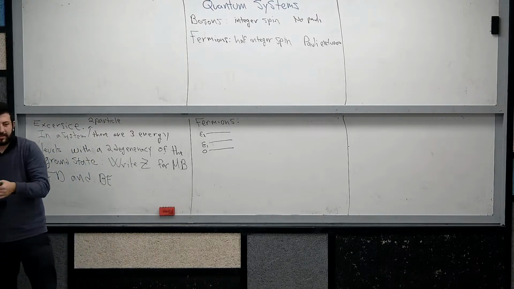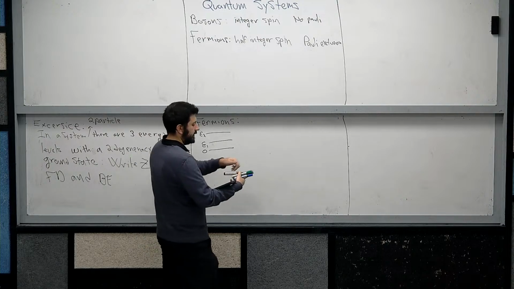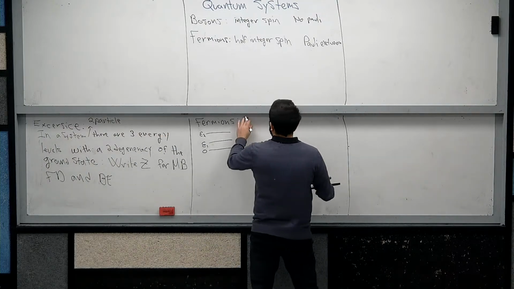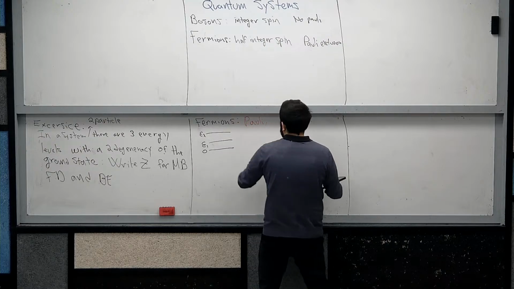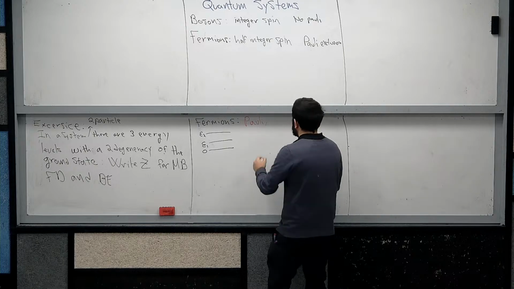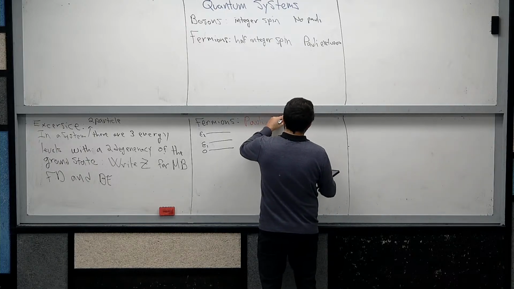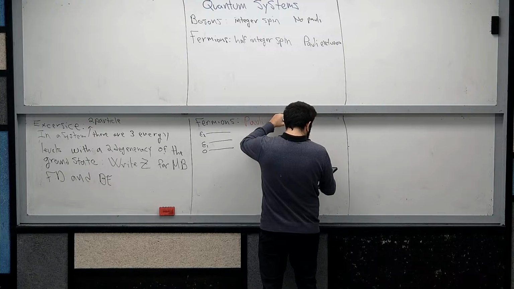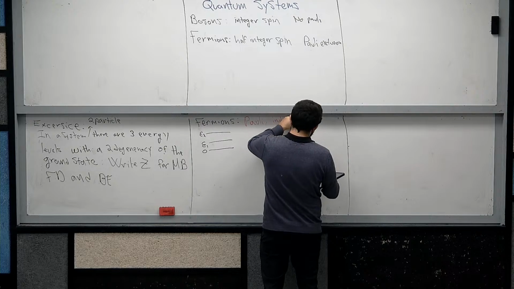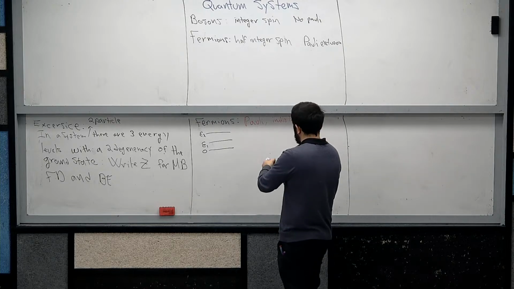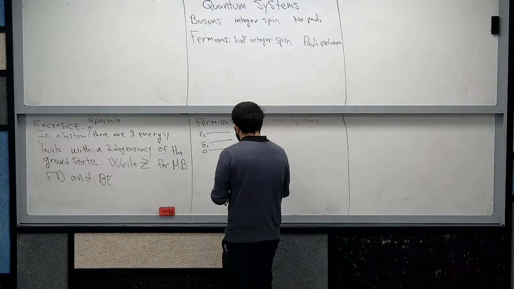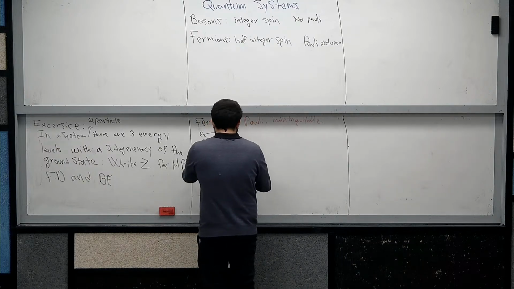So what are the characteristics of fermions? They have Pauli exclusion, and they are indistinguishable, right? Okay, so let's start with zero energy.